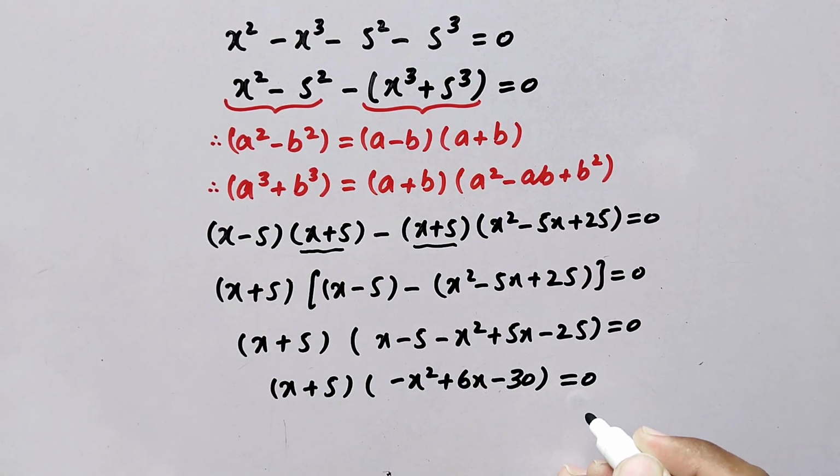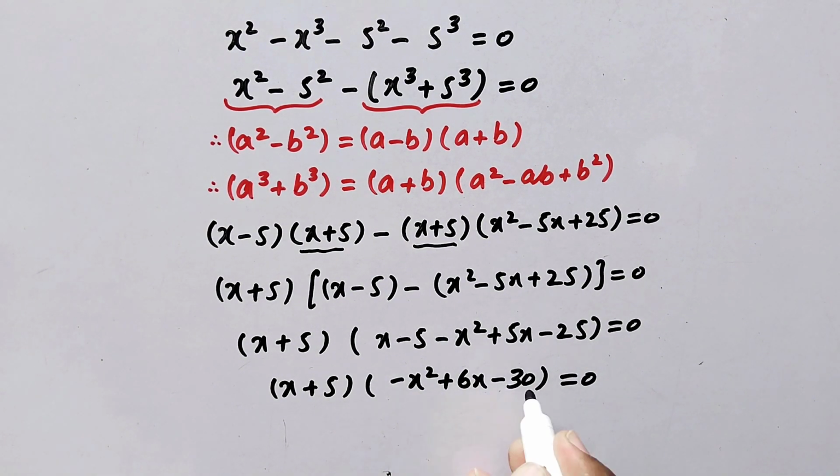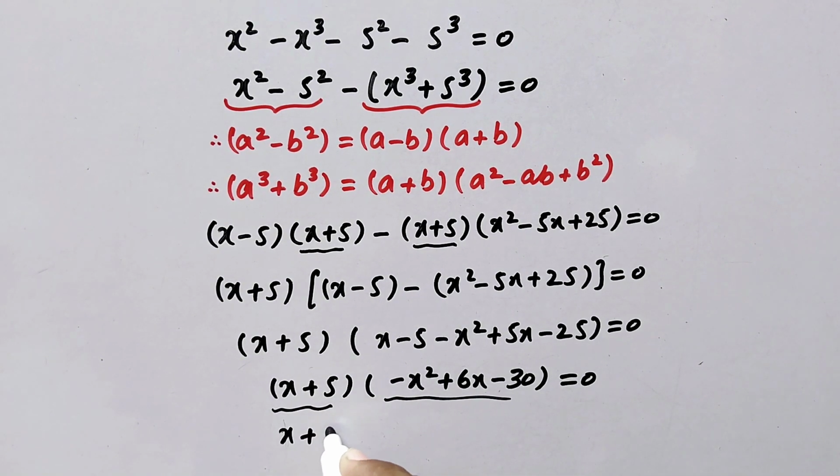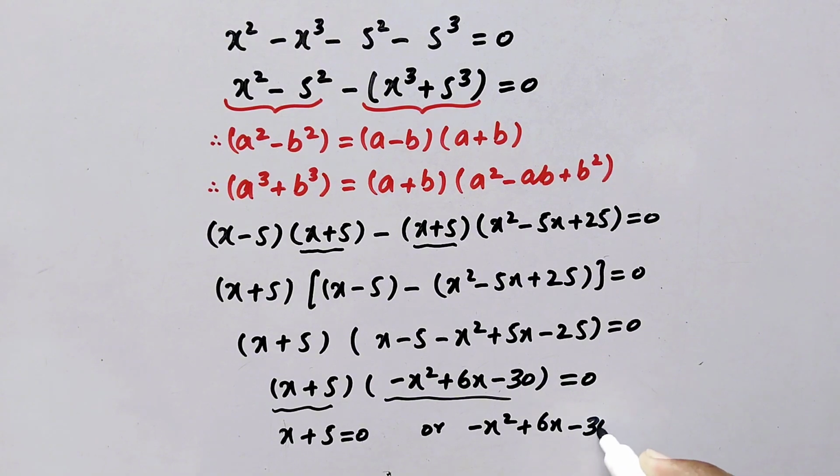Now here we have gotten two factors that are equal to 0. So here is x plus 5 equal to 0, or minus x square plus 6x minus 30 equal to 0.